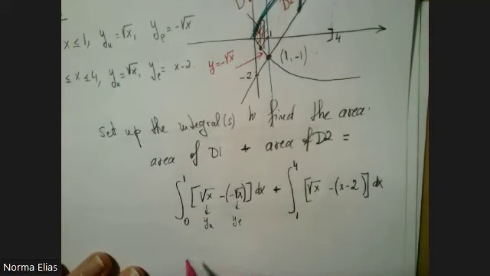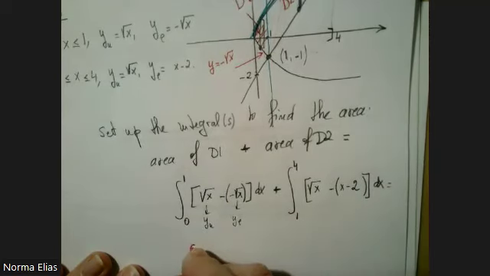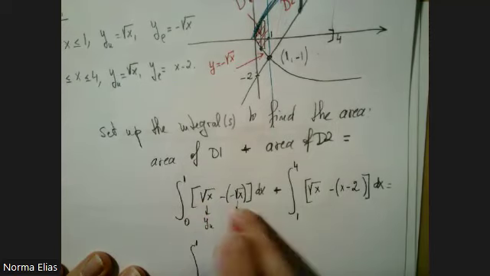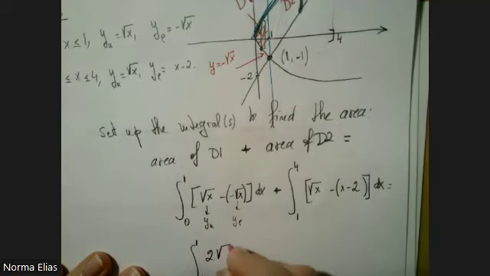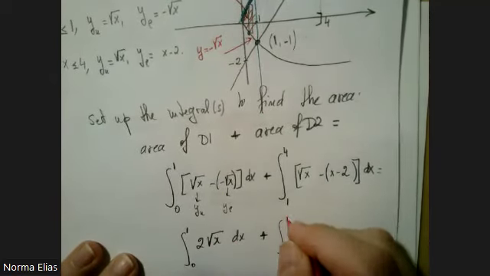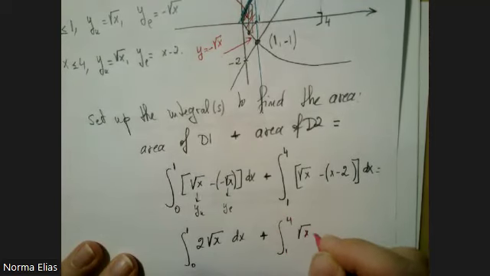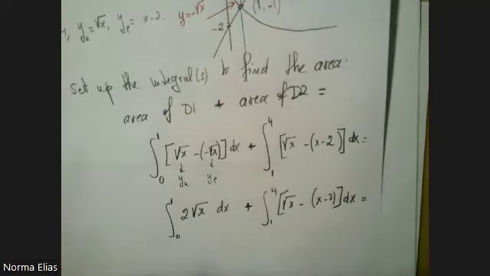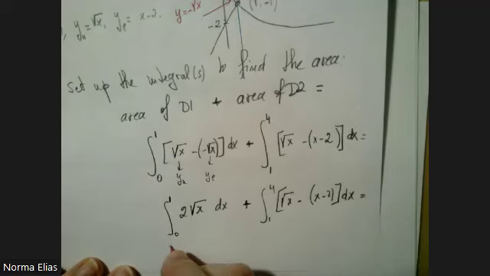I will not evaluate the whole thing, but I'll get you going. Square root of x minus minus root x is basically 2 square root of x dx, plus the integral from 1 to 4 of root x minus (x minus 2). We have to evaluate two integrals. The first one I will not finish.